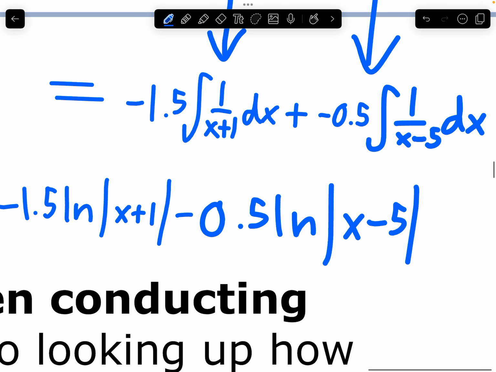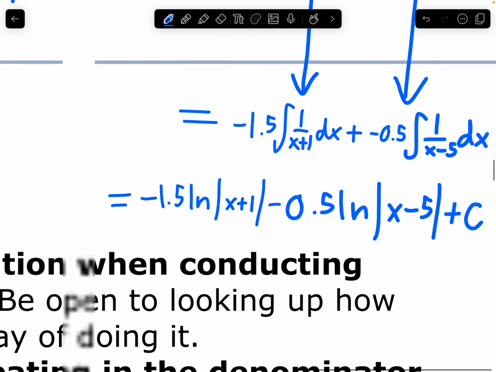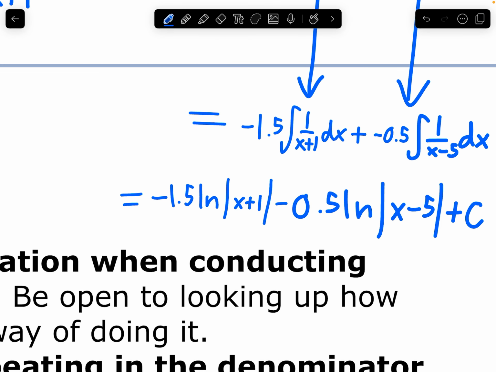And the last thing you want to remember is do not forget the plus c. Do not forget the constant in indefinite integrals. So here I'm adding on that, and as far as I see, that seems like the full answer.